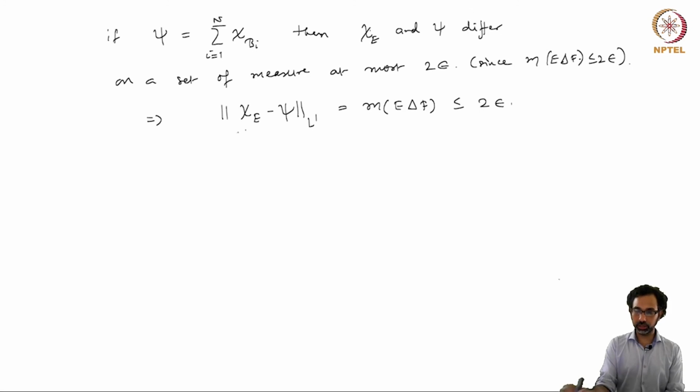So here this is our f and this is our C, and we have proved this result of approximation by step functions when f is a single indicator function of a measurable set with finite measure.